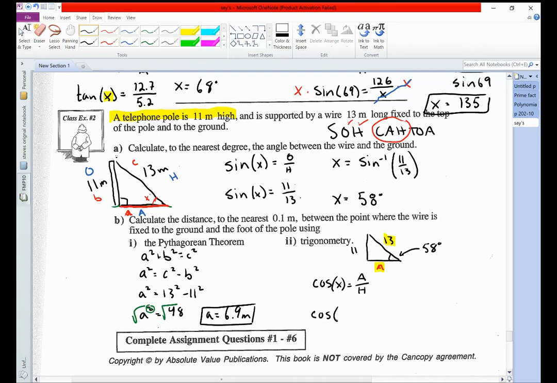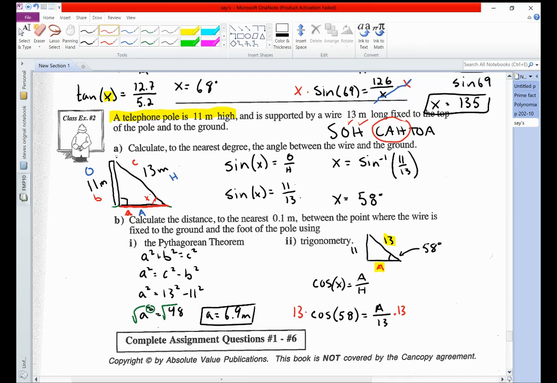And I'll plug in what I know. So my angle is 58 degrees. And my adjacent I don't know, but my hypotenuse is 13. So to solve for the adjacent, I want to get it by itself in this equation. I need to multiply by 13 to get rid of the 13 on that side.